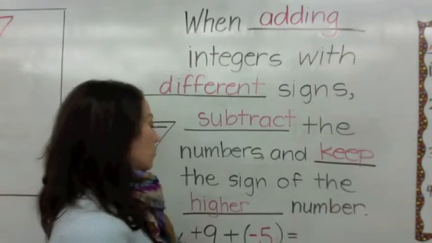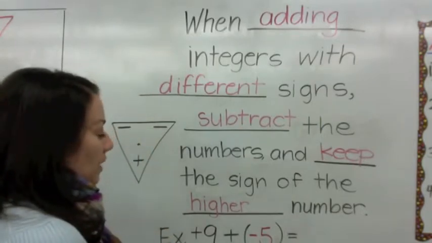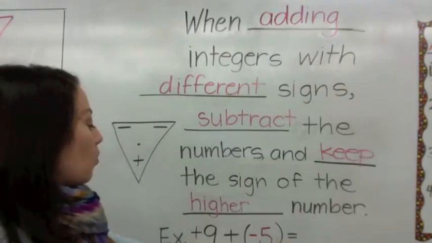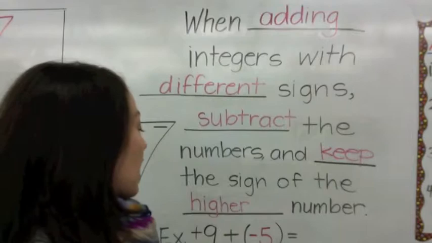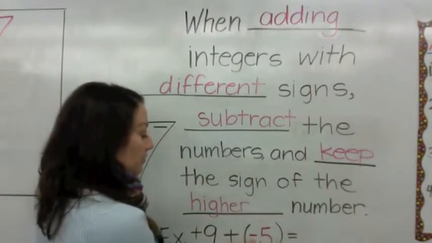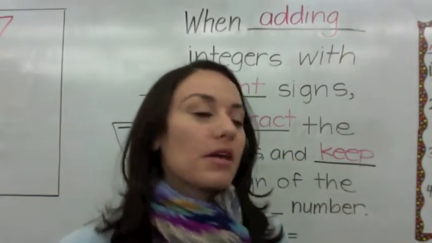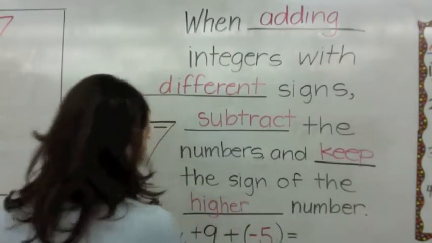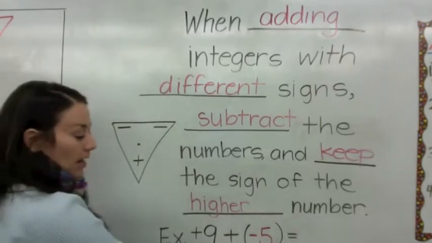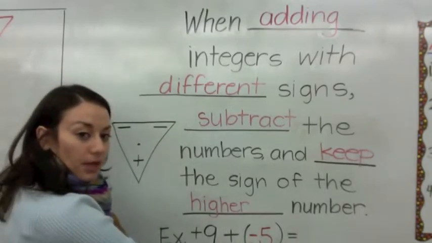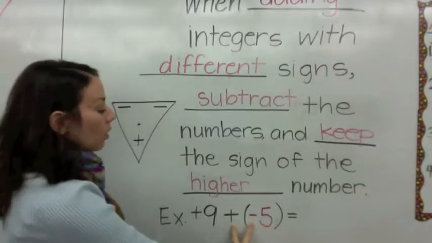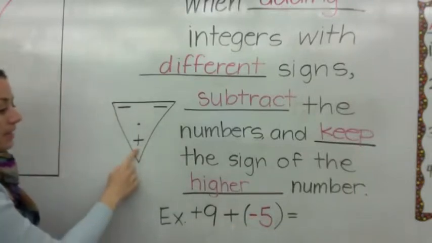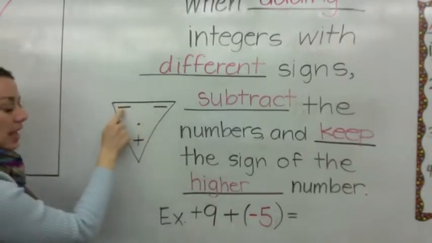Something we haven't really talked about before is what's happening when you have a positive 9 and you're adding, in parentheses, a negative 5. Parentheses mean multiply. So Bob's cousin says, if you have an addition sign and you multiply a subtraction sign, a positive times a negative is negative.